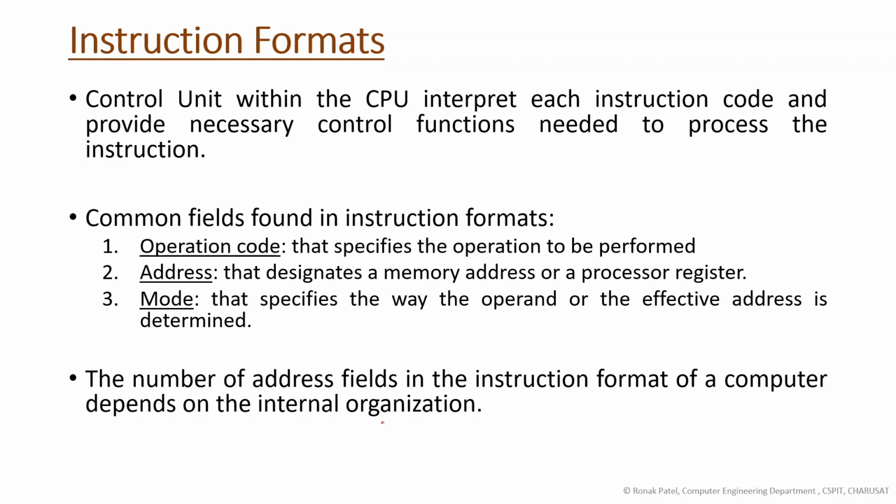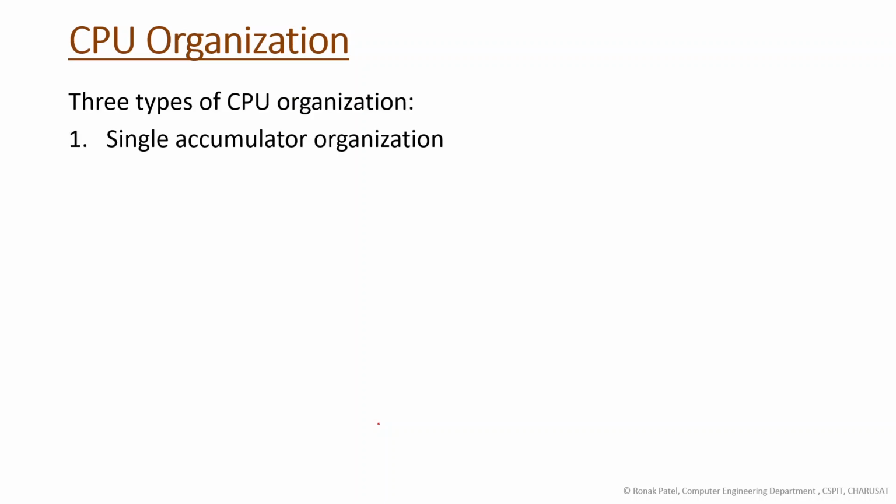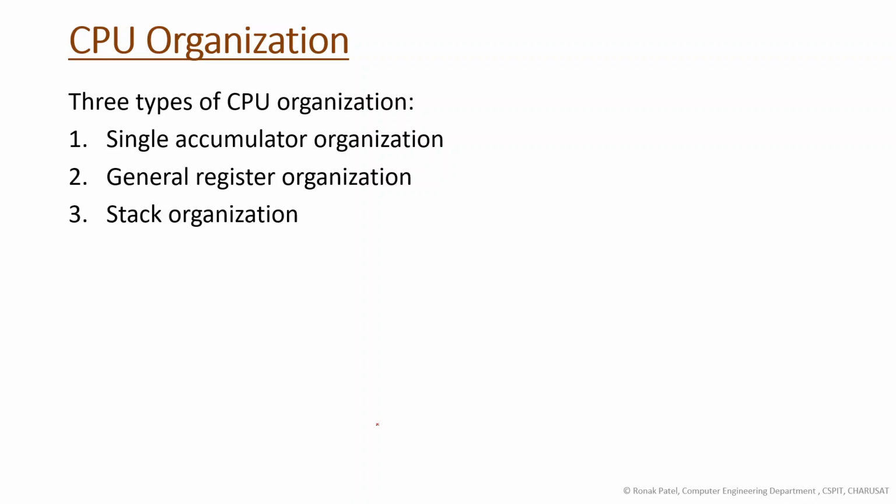Basically there are three types of CPU organization based on instruction formats: single accumulator organization, in which the accumulator register is used; general register organization, in which the registers available in the CPU are used; and stack organization, in which the stack is used.